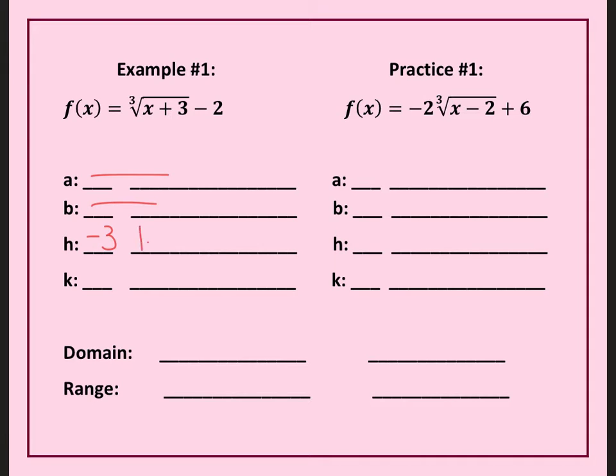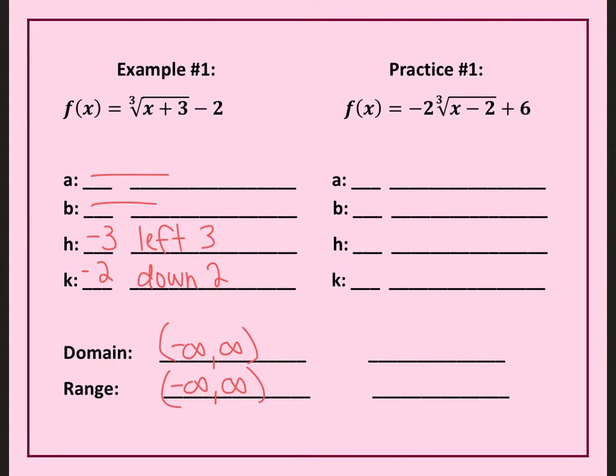So this graph is actually going to the left 3 units, shifted left 3 units. My k is this number on the outside. It's a negative 2. So this graph is going down 2. And since there's no asymptotes here, my domain and range are never going to change. My domain and range are always going to be negative infinity to infinity for a cube root function.